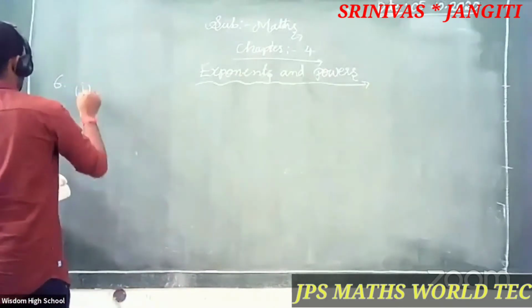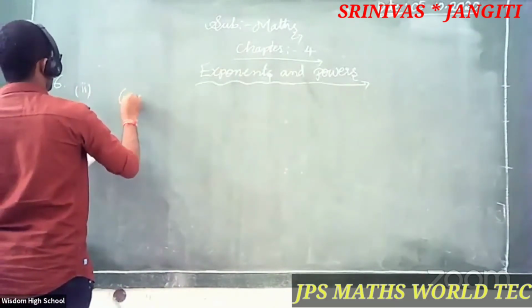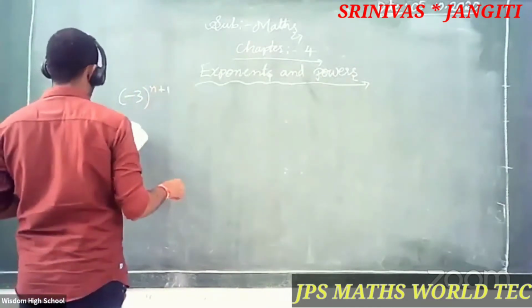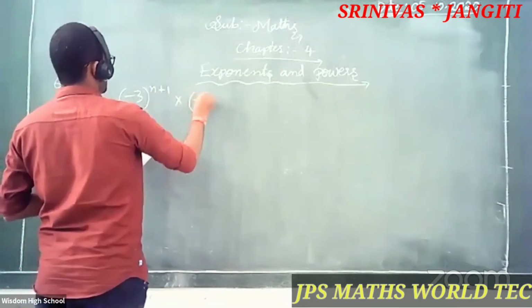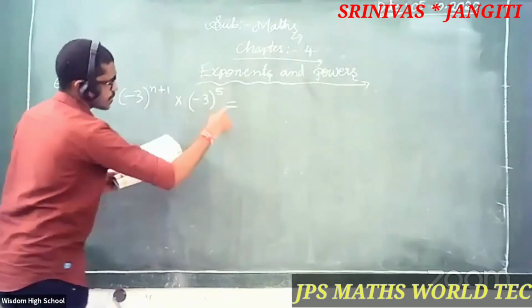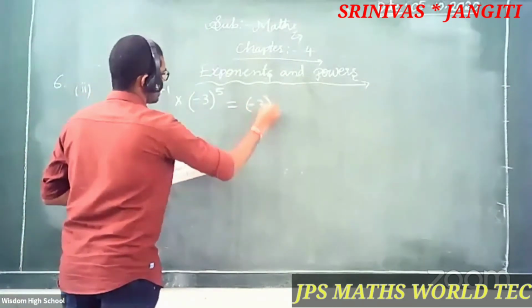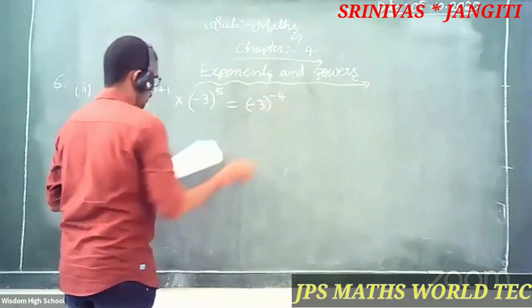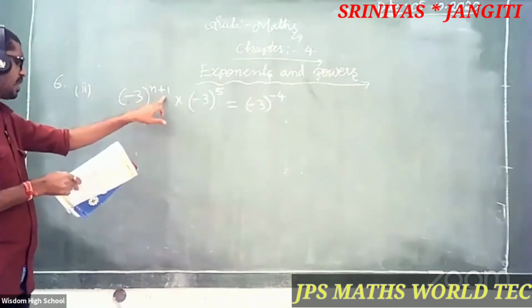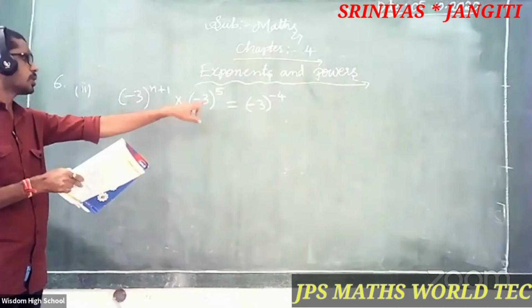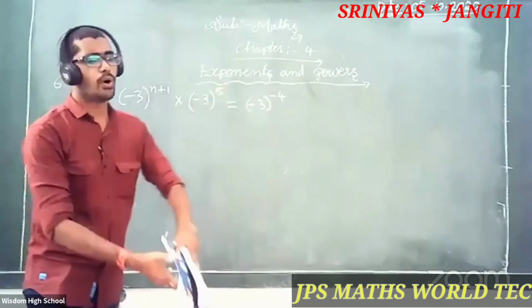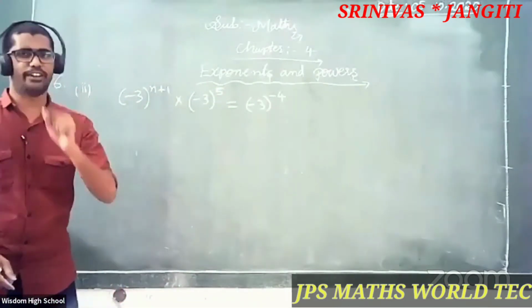Then go to the second problem. What is here? (-3)^(n+1) × (-3)^5 = (-3)^(-4). Observe: (-3)^(n+1) × (-3)^5 is equal to (-3)^(-4). What do we have to find here? Yes, very good students.